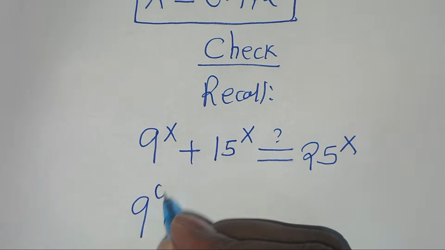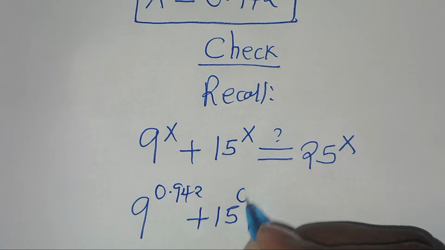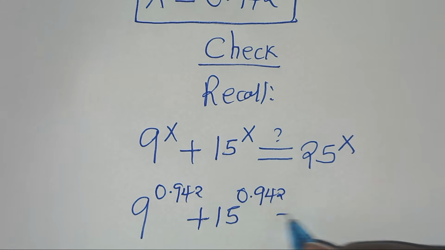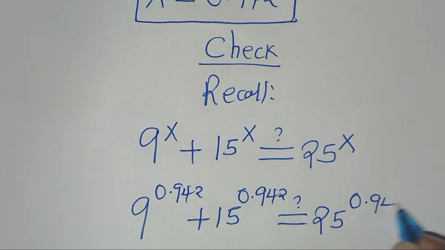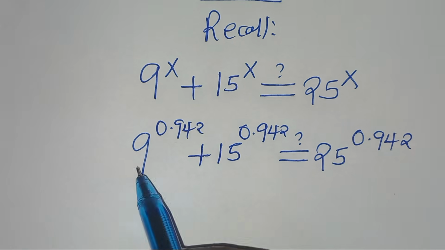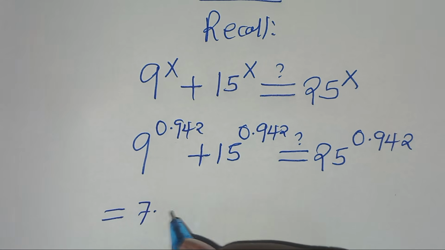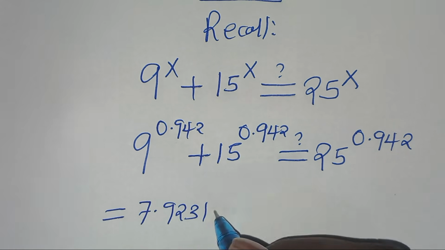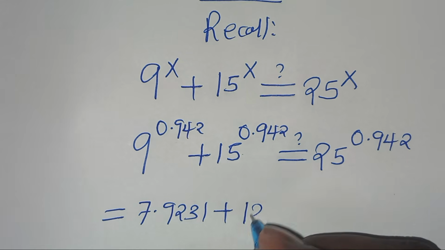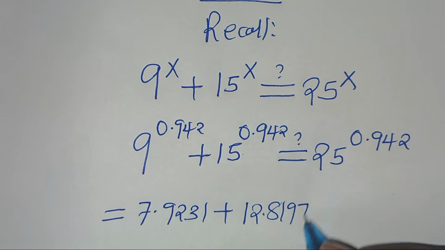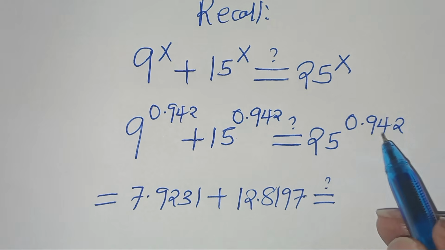This is 9^0.942 plus 15^0.942, which should give us 25^0.942. So 9^0.942 is the same thing as 7.9231, plus 15^0.942, which is 12.8197, and this should give us a value of 25^0.942.